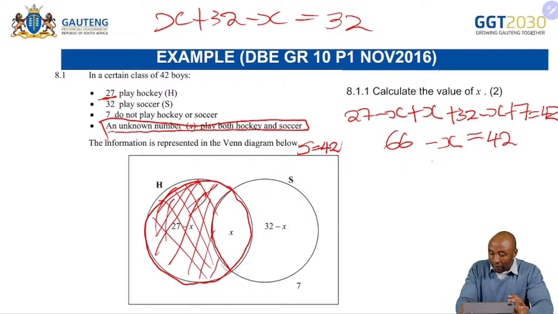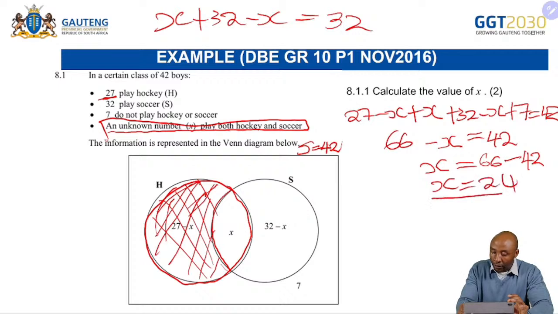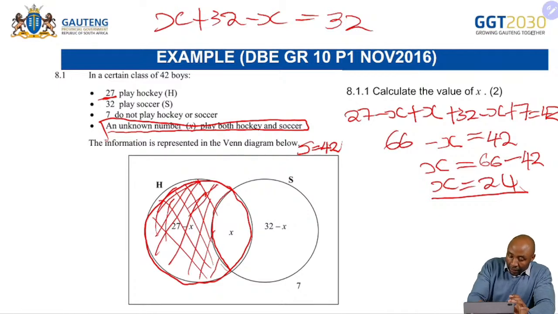We want to solve for x. If I take x to the other side, it will become positive, and 42 comes this side. I will have 66 minus 42, and this will give my x as 24. So you will come back, you indicate those values. So it means those that are playing both sports, it's 24.